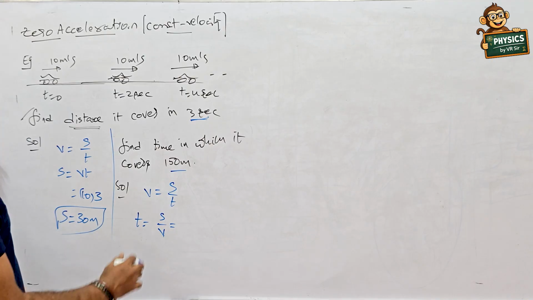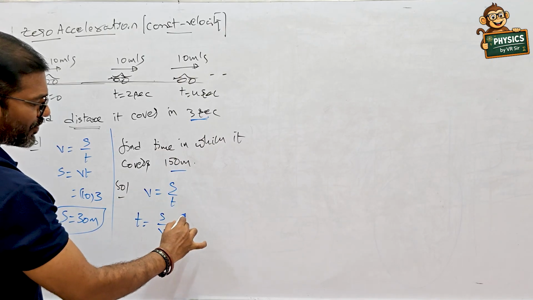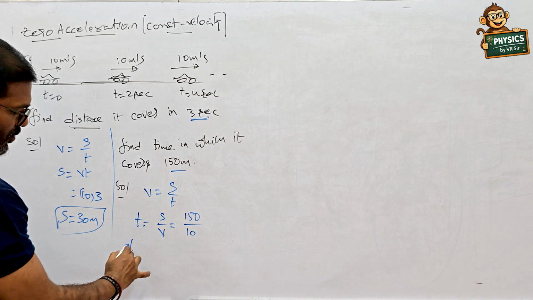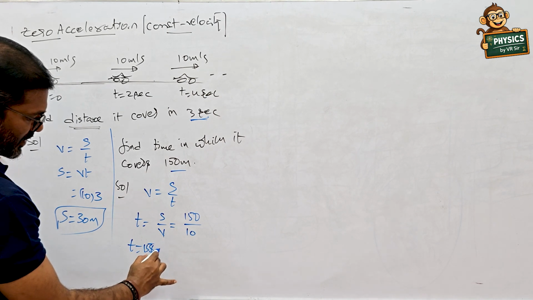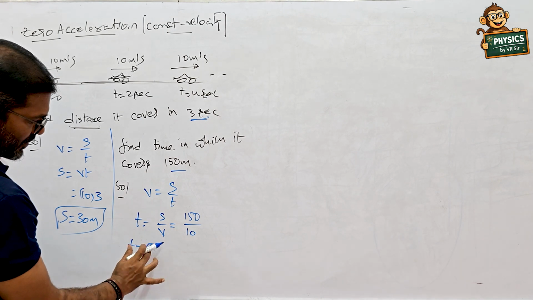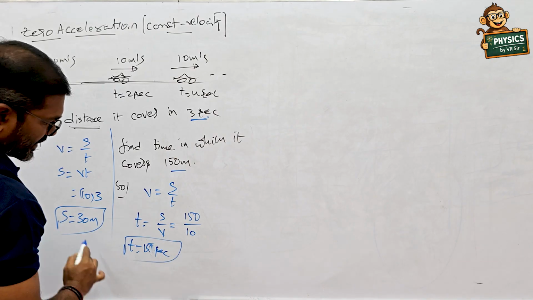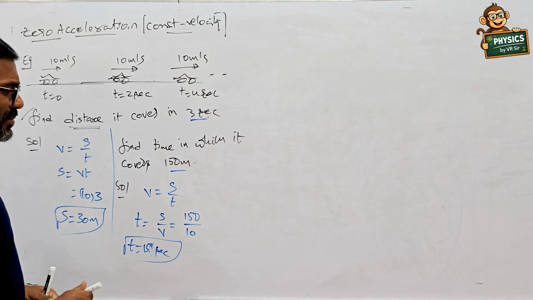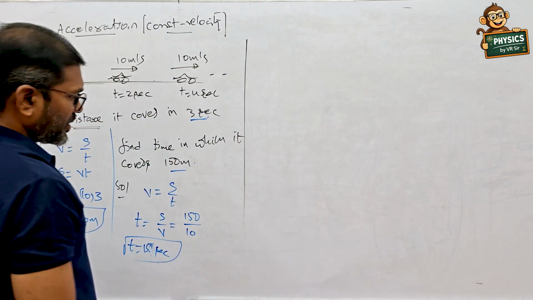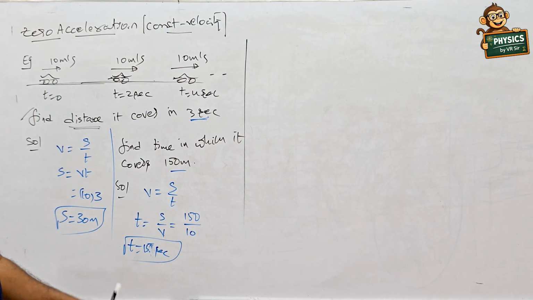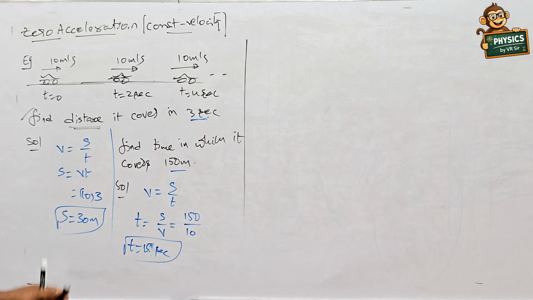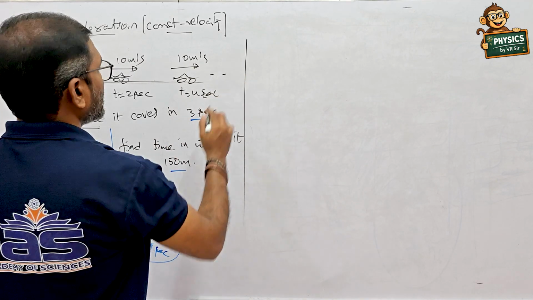The displacement it covers is 150, upon the velocity it is maintaining, 10. So the time taken to cover 150 meters is 15 seconds. These are very basic questions, not even plus one, plus two level; we can take it as 9th standard. Start from very fundamental cases.